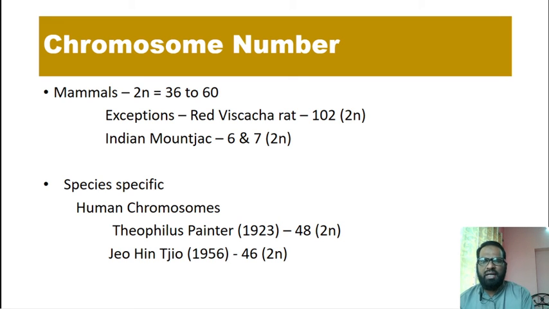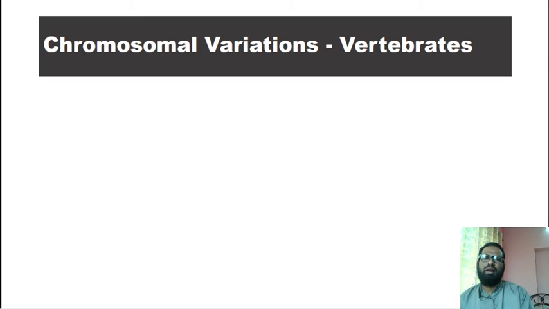Only in 1956, Tjio identified the correct number of chromosomes in human beings, that is 2n equals 46. For 33 years the scientific community was under the wrong impression that humans have 48 chromosomes, but in 1956 it was identified that the diploid number is 46, the actual correct number.